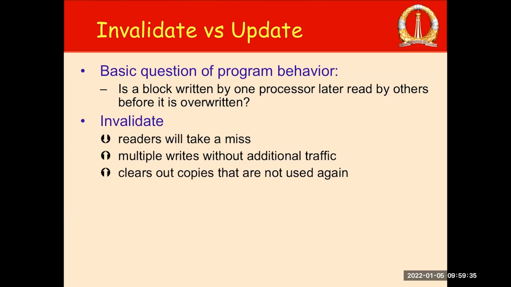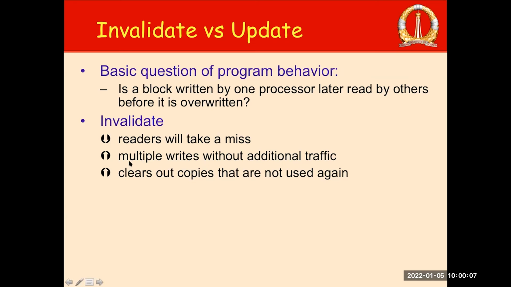If it is an invalidation based protocol, because the other processors' copies are invalidated, when those processors try to read that value again, they are going to incur a cache miss. This is what we call a coherence miss, because the miss has happened because of a coherence related invalidation, and they will incur the miss penalty. That is the downside of the invalidation based approach.